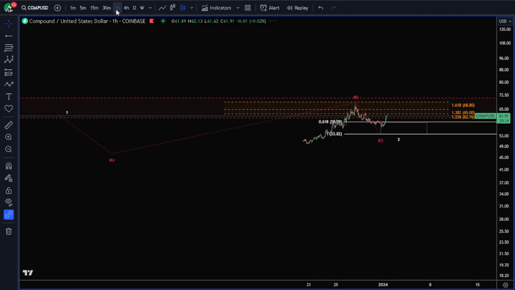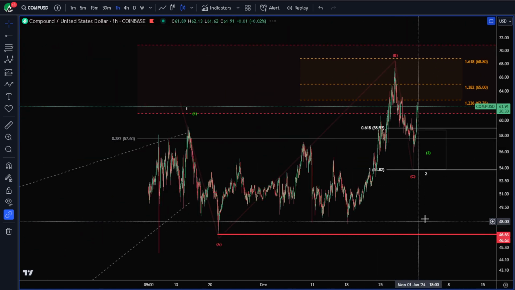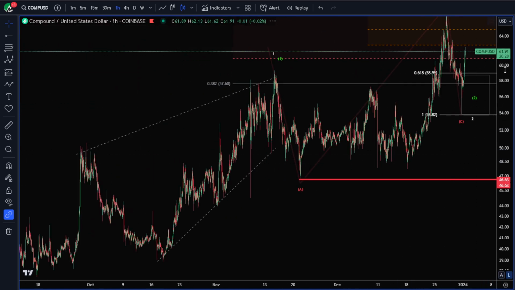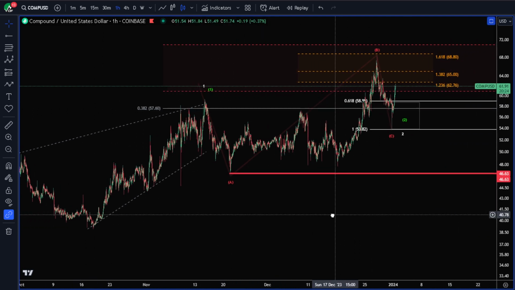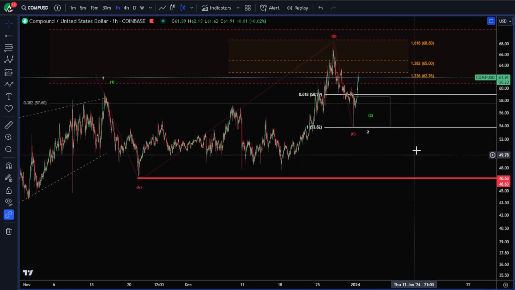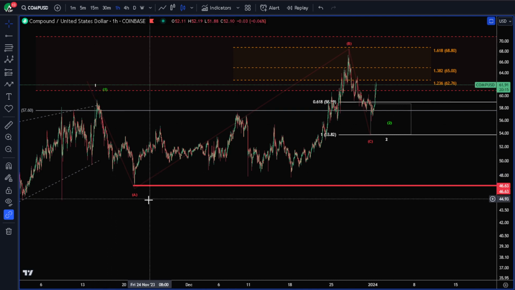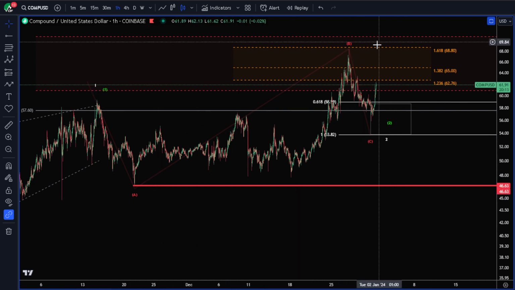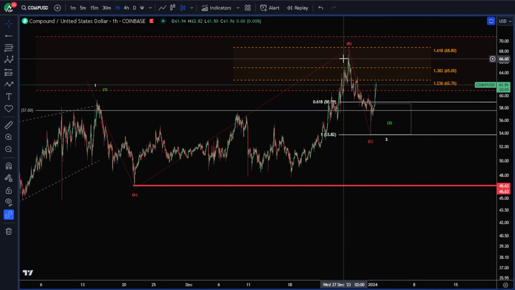But currently the setup at the moment from my last video update was this was a leading diagonal, wave 1, and we currently have a running flat for an ABC, which I believe is in at the moment. We had 3 waves to the downside, 3 waves to the upside. Our invalidation level was at 68.80 for our B wave.